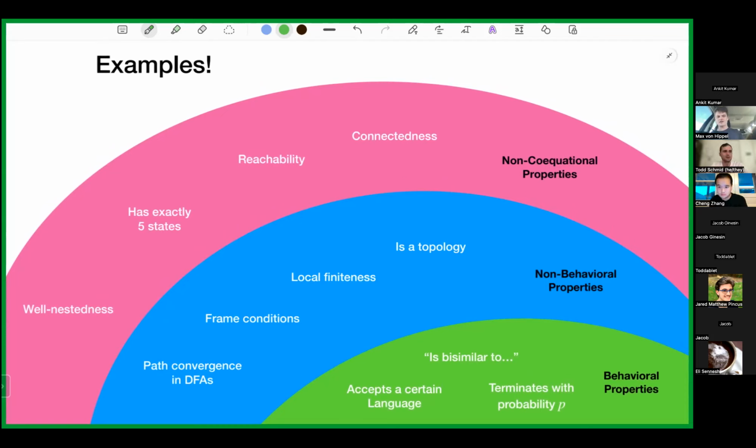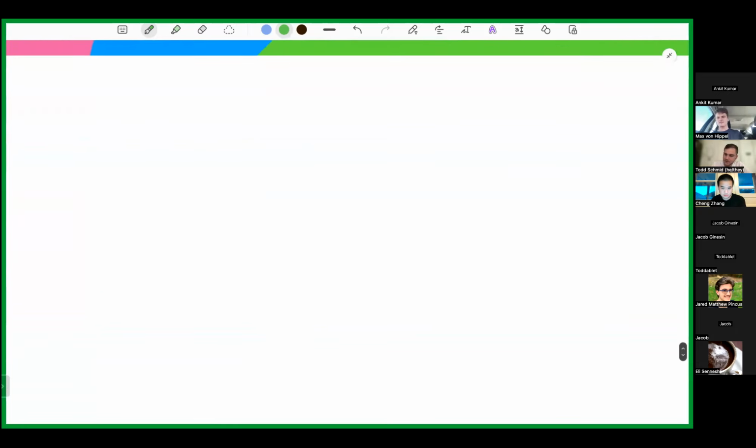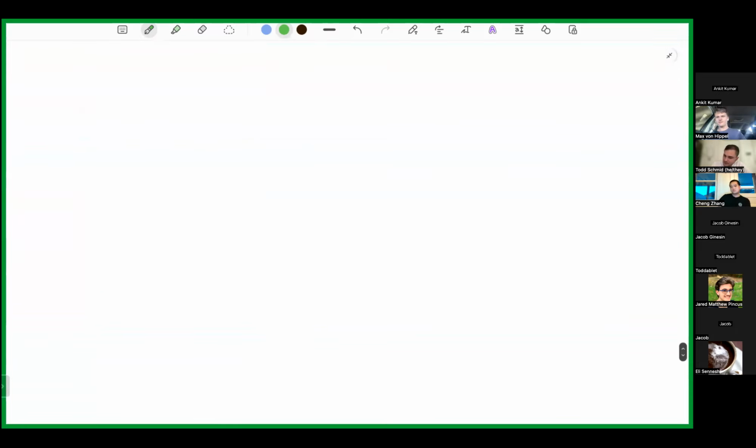So they're colorings of the states. Let me actually tell you about colorings. If you're given a coalgebra, let's say X, what I mean by a coloring is just any function into your set of colors.